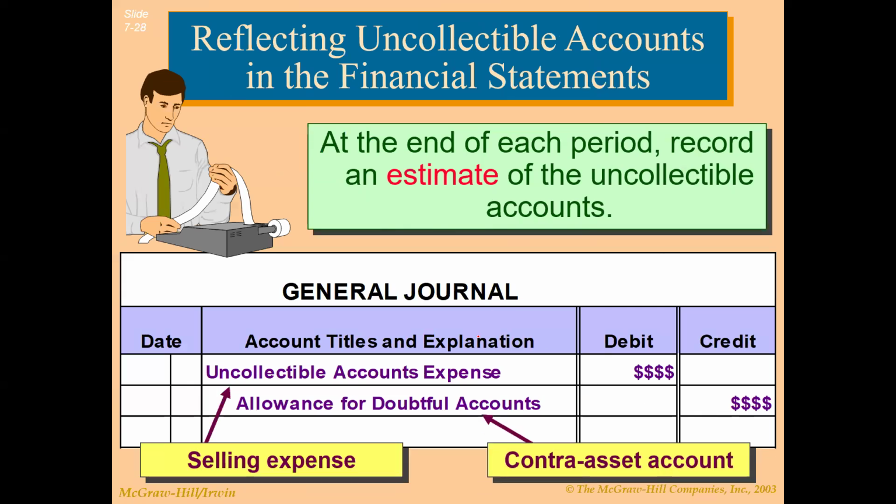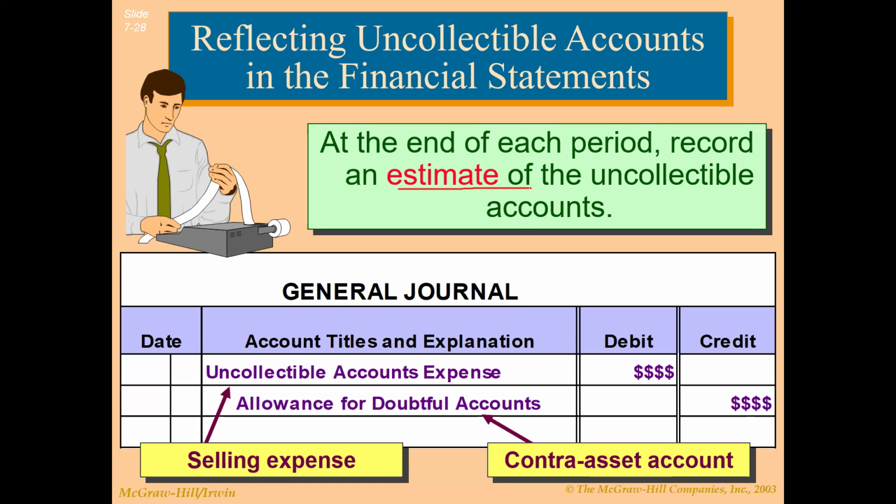Now we will have to make some adjustments. Now it is about accounts receivable. In accounts receivable, at the end of the period, you will have to make an adjustment. Here it is mentioned that at the end of each period, record an estimate of uncollectible accounts. It is basically an estimation.